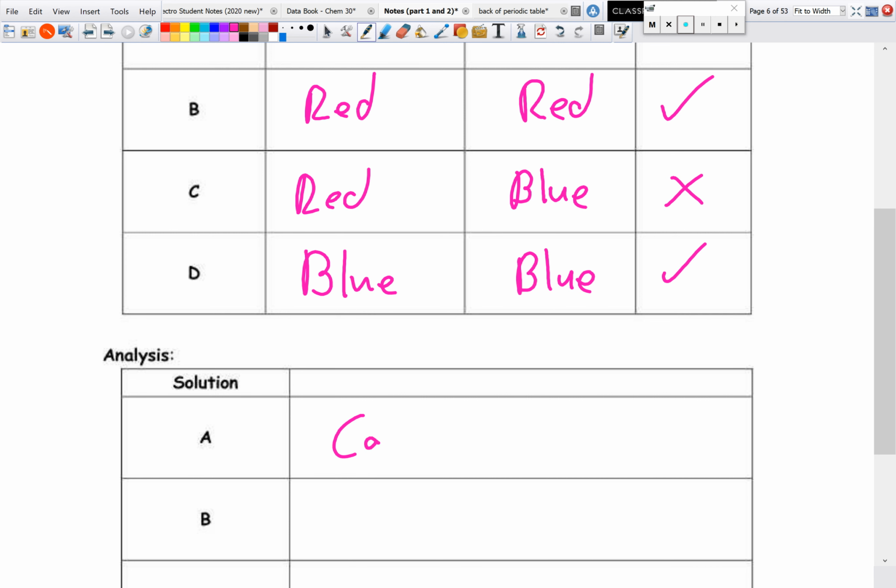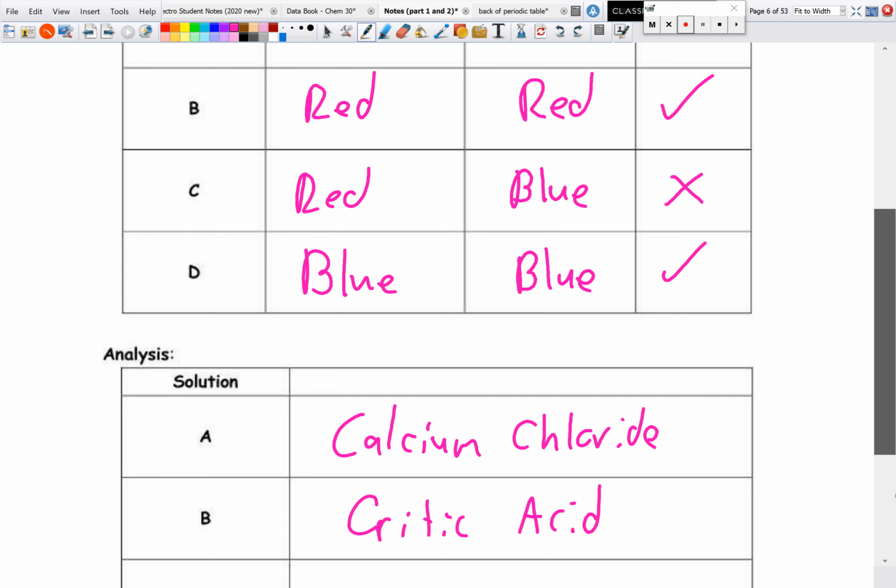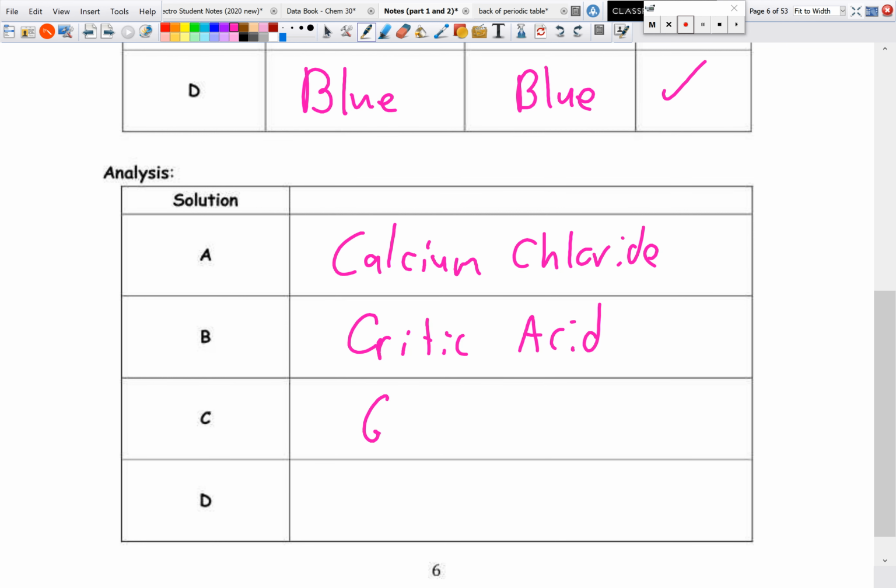Sorry, this one should have been calcium chloride. We should have gotten citric acid. For C, we should get glucose. And finally, the last one, we should get calcium hydroxide.